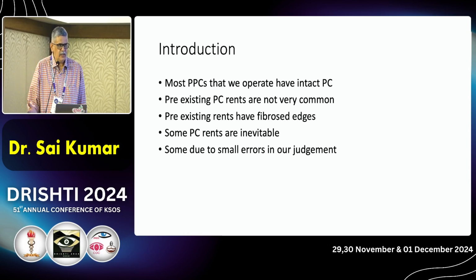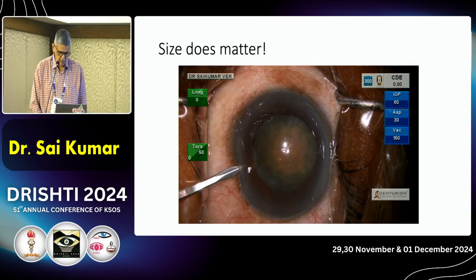In fact, there are many who believe that pre-existing polar rents with fibrosed margins may have a slightly better chance of the PC not giving way compared to a normal PPC. Some PC rents are inevitable and some are due to small judgment errors that we make.